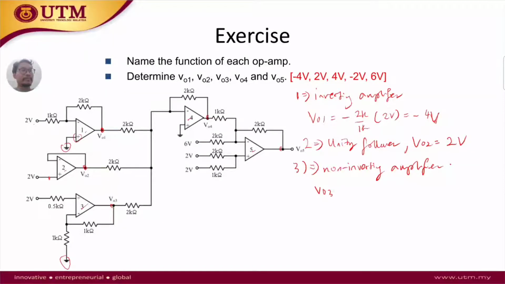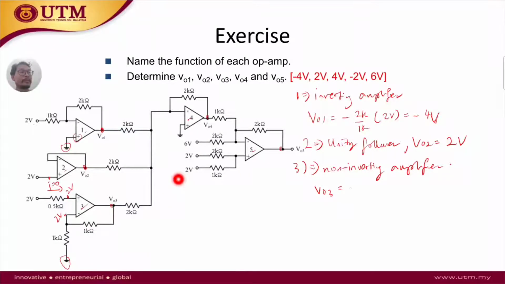And what is our Vout3? So according to our equation, here there's no current flow, so I here equals 0. So if no current flows into the op-amp, and therefore no voltage drop across the resistor, the voltage here is going to be 2 volts. So if this is 2 volts, here is also 2 volts.